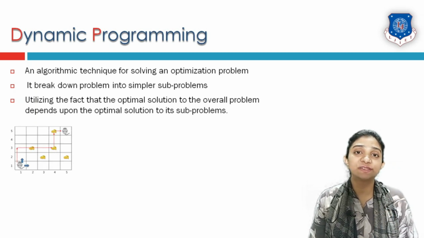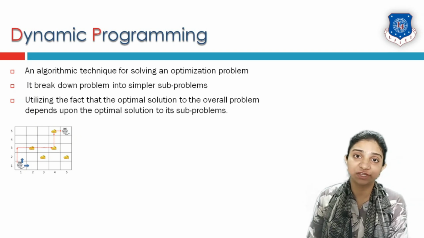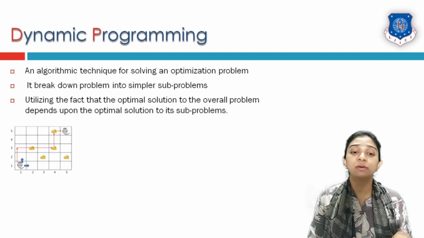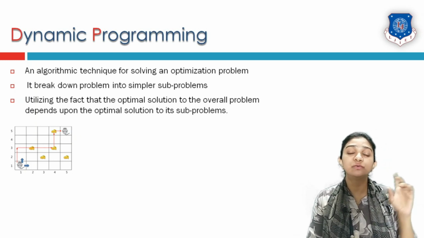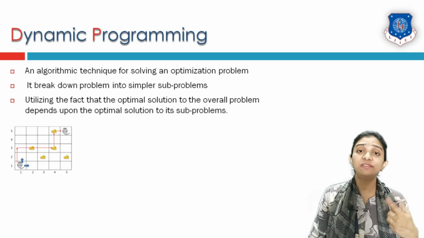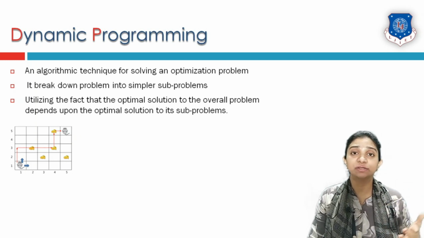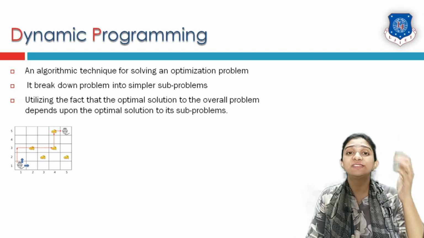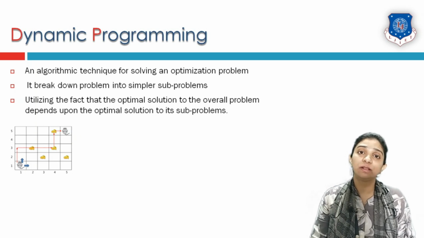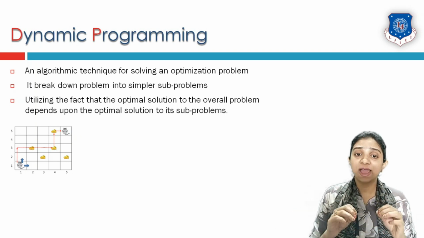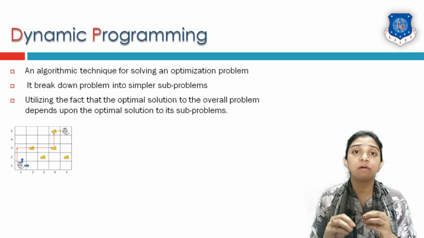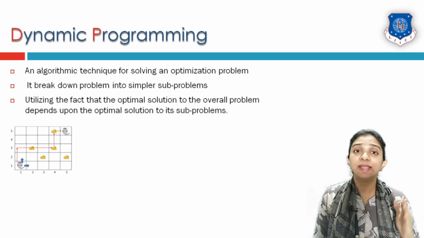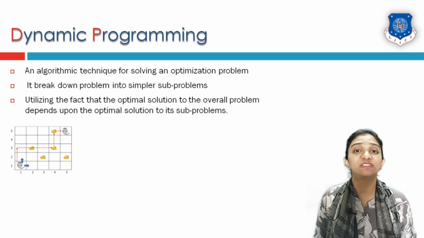Say for example, this is a given optimization problem. Here we have to move our mouse from cell number 1, 1 to 5, 5. But what is the need of optimization? There are multiple cells which the mouse can cross to reach from cell 1, 1 to cell 5, 5. But here the mouse has to eat as many pieces of cheese as possible and must take as few steps as possible.